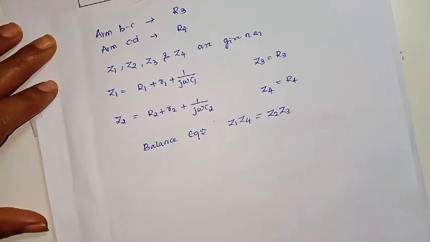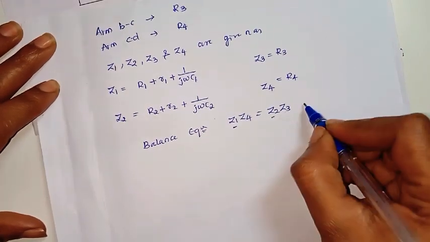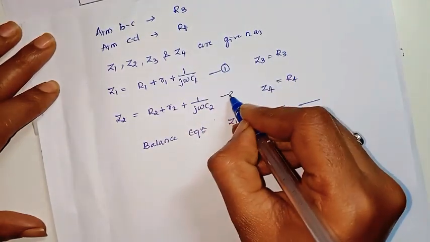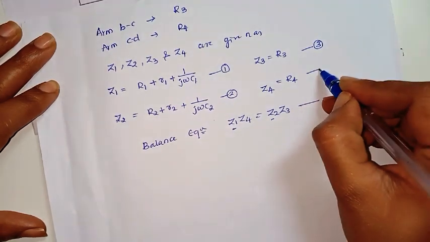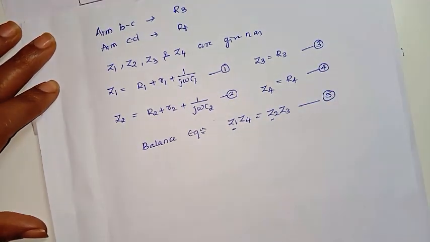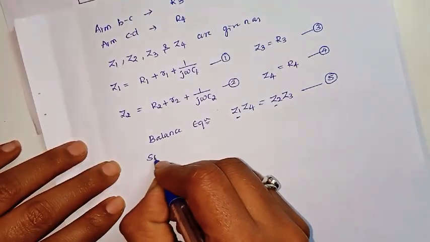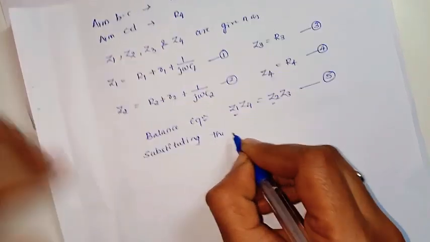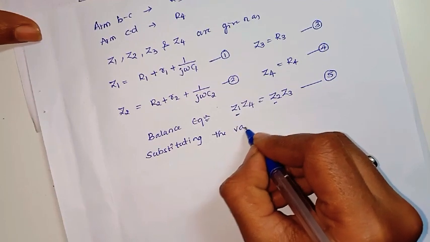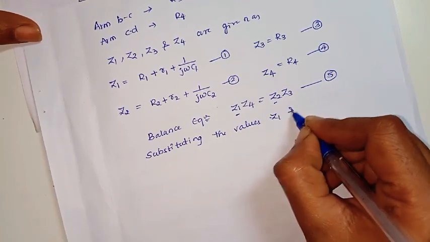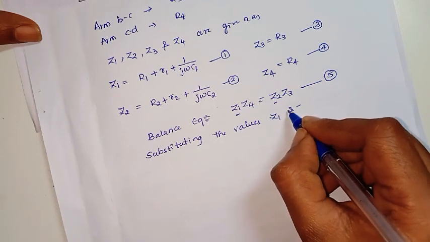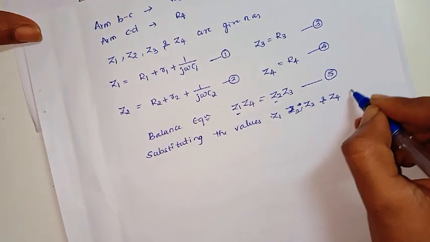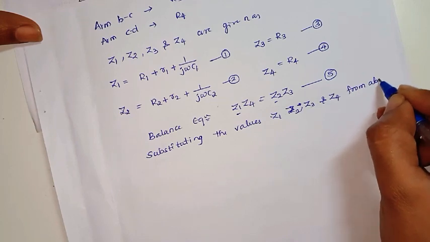Let's call this equation 5. Then we are going to substitute the values of Z1, Z2, Z3 and Z4 from the above equations.